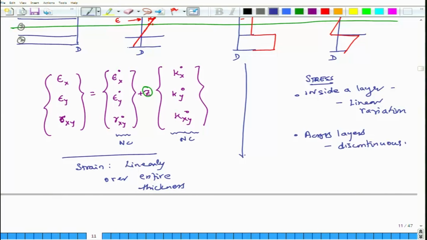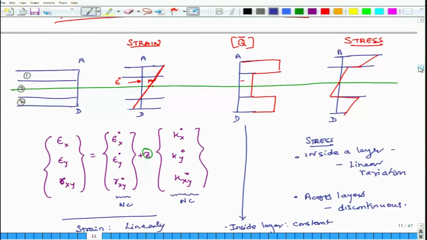What about Q bar matrix? It is inside layer constant, and across layers discontinuous. So, in this case, right.